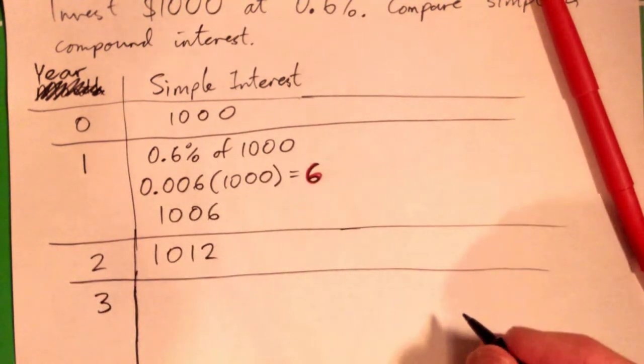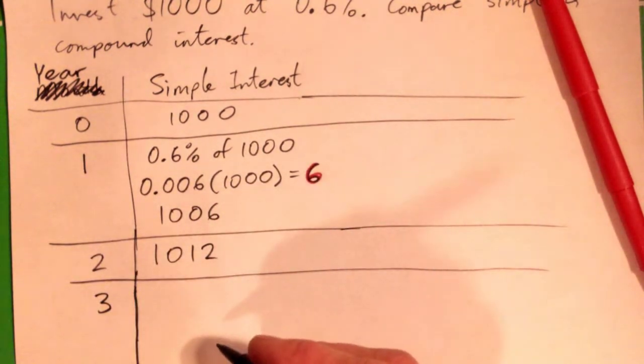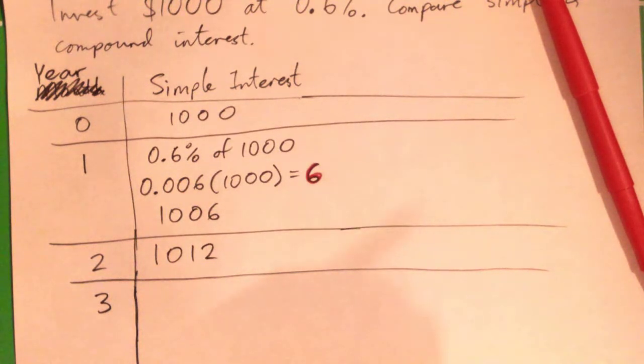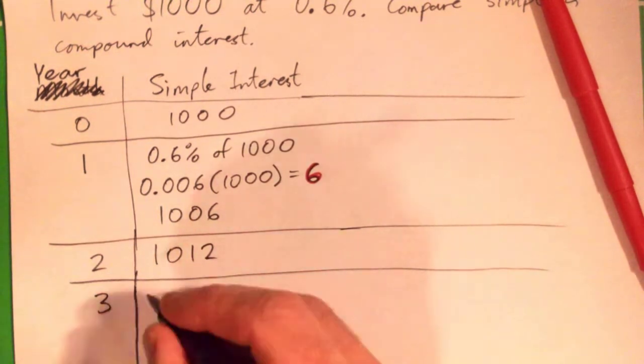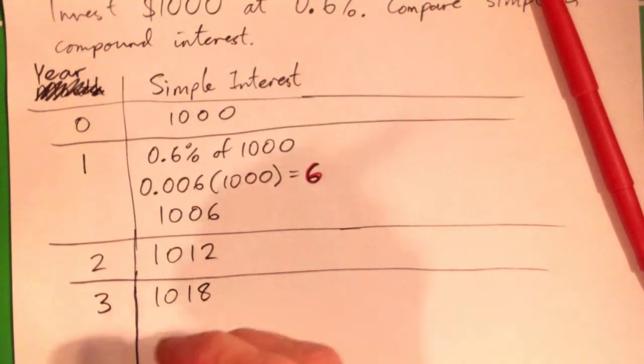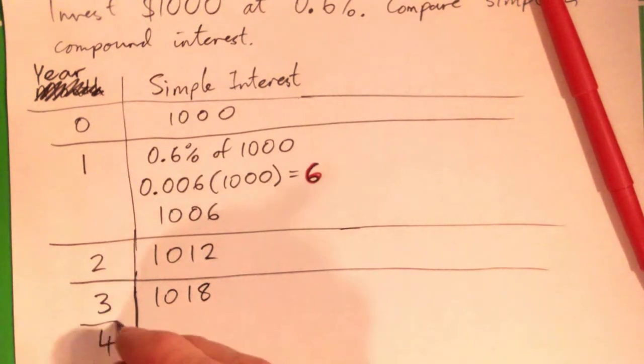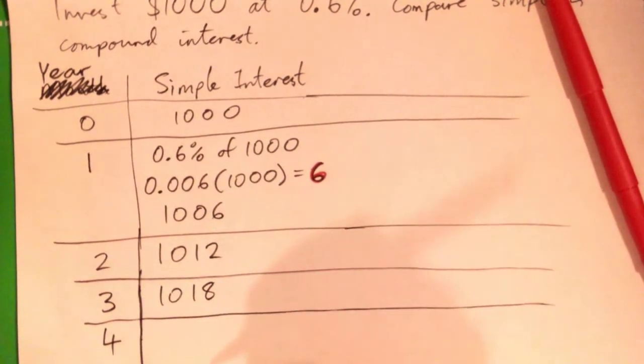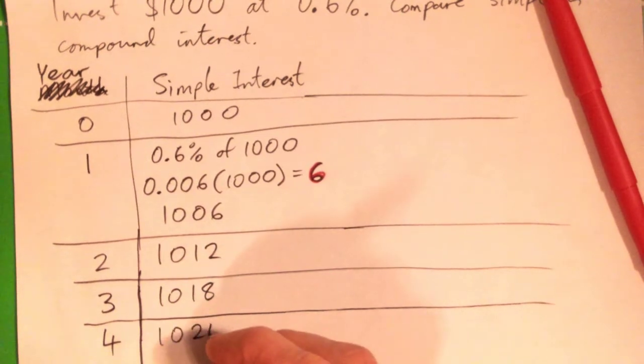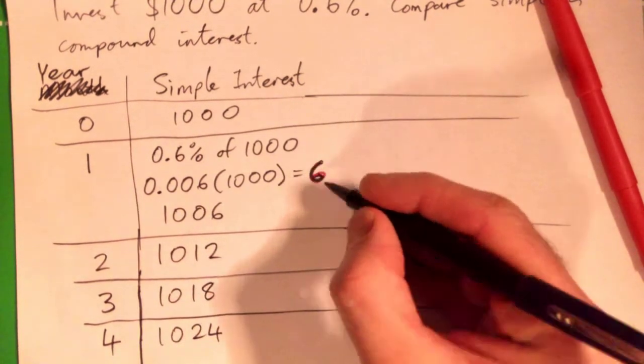So after 3 years, what have you got in simple interest? $1,018. So after 4 years, what do you have? $1,024, because you just keep on adding on $6 at the end of each year.